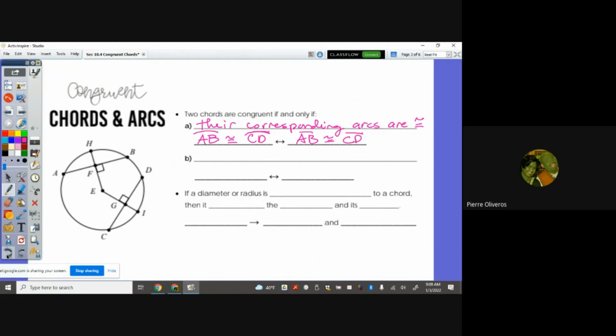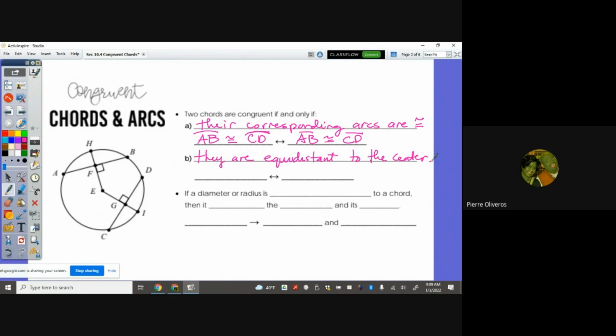Chords are congruent if and only if they are equidistant to the center.